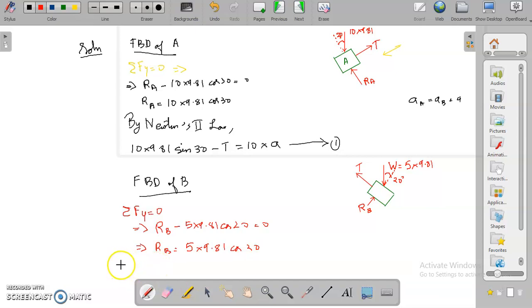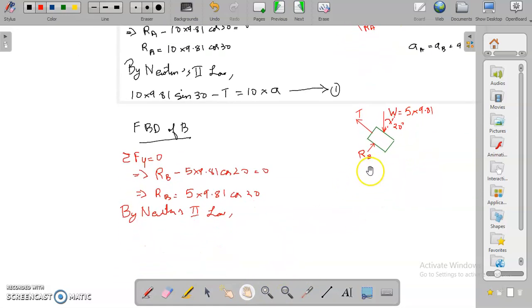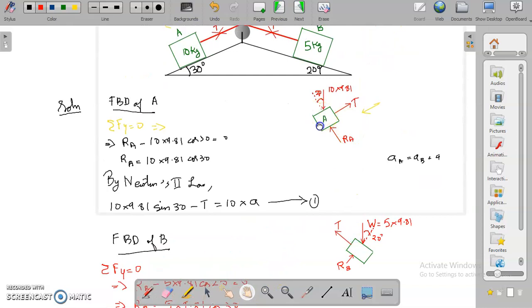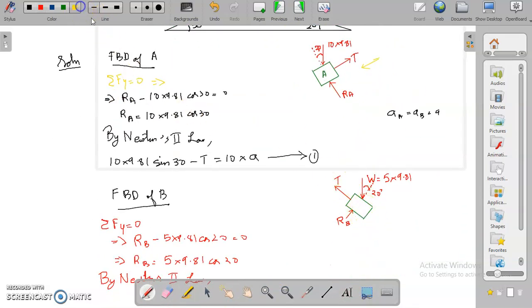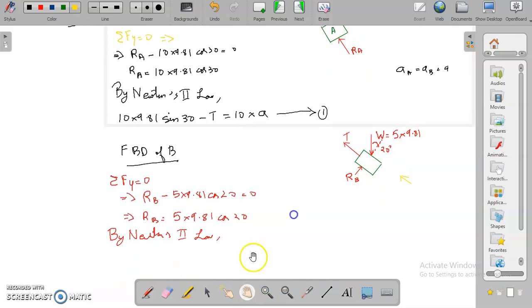Then apply Newton's second law. Here, what is the direction of motion? This is the direction of motion, that is, moving upwards, so that will be taken as positive.